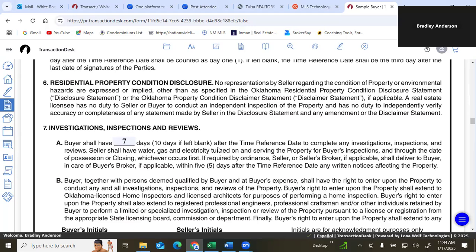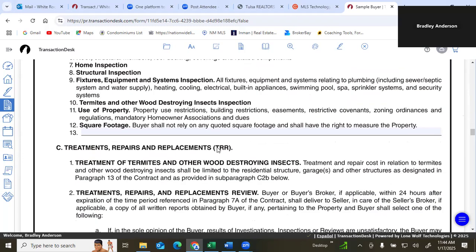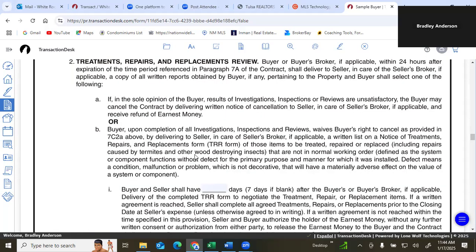And if you've done the inspection on day one and you get it back on day one, you need to really decide, you, the buyer, what repairs and treatments or replacements you want done so you don't tie up the seller. But the contract gives you 24 hours within the expiration of that. Okay.